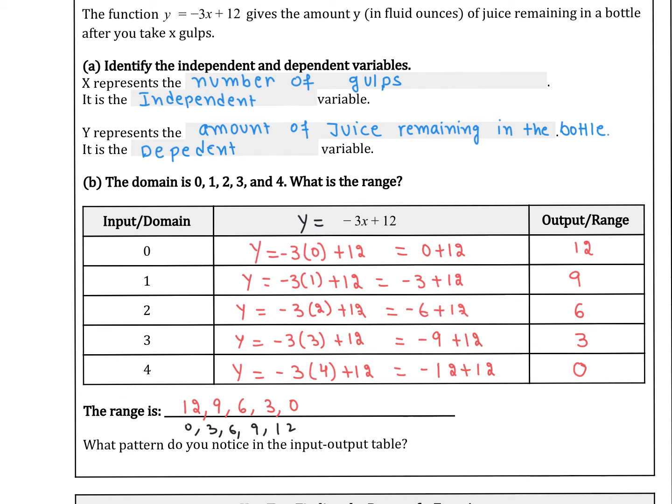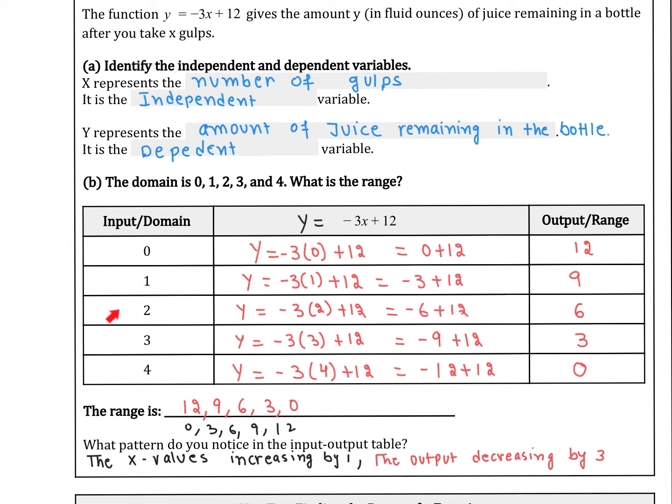Now we are going to talk about what pattern you notice in the input/output table. I'm going to pause and you can compare with me, or think about what the pattern is. The pattern we notice in the x values is that they are increasing by 1.